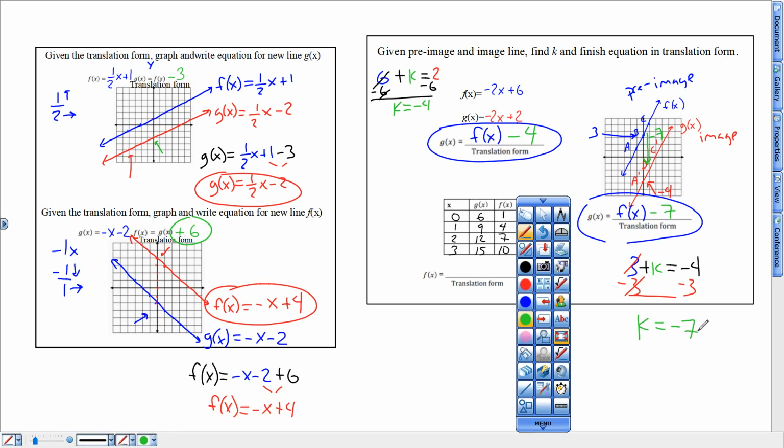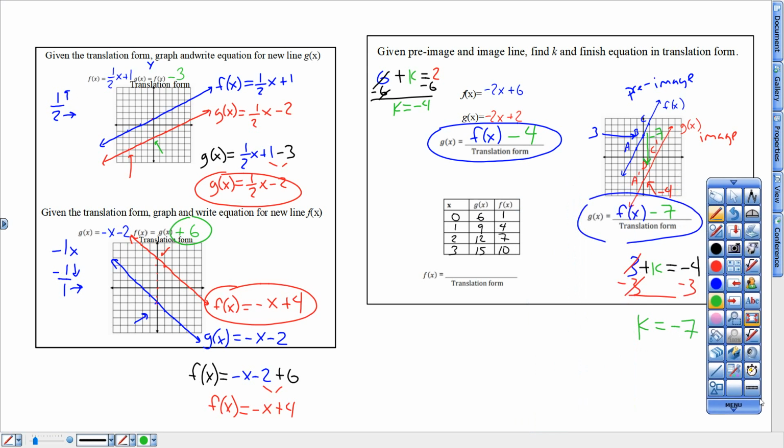All right, for a table, I would like you to be able to write the equations of these. Really what you're doing is comparing the y-intercepts, knowing that the first one is where you're starting, the second one is where you're going. So from 6 to 1, some people could see, oh, that's going down by 1.